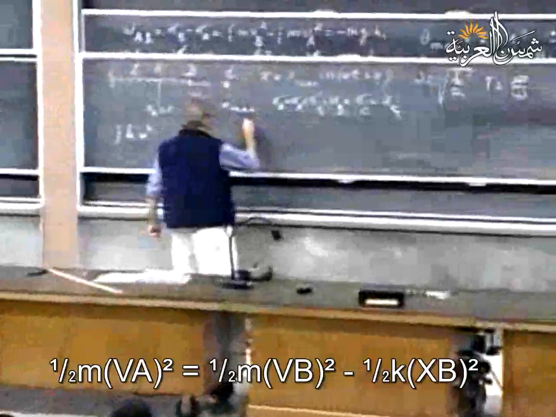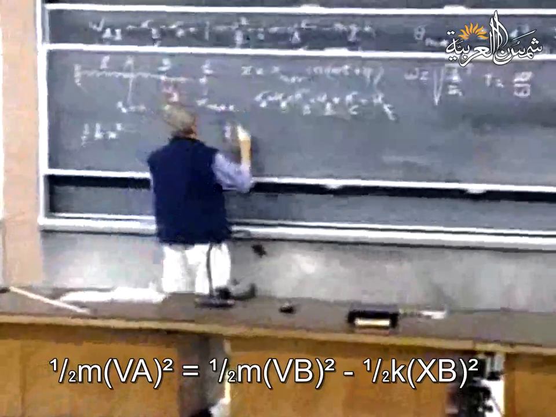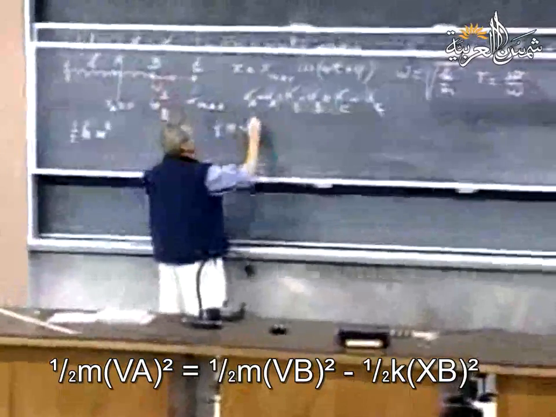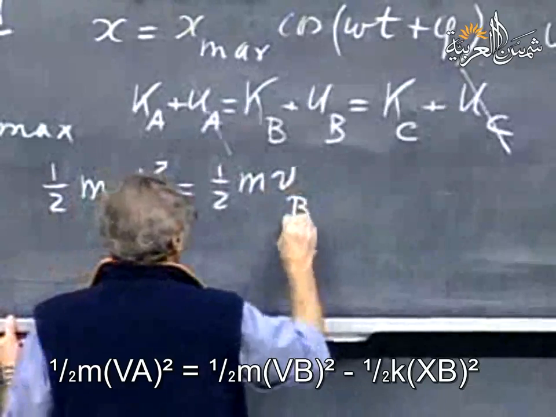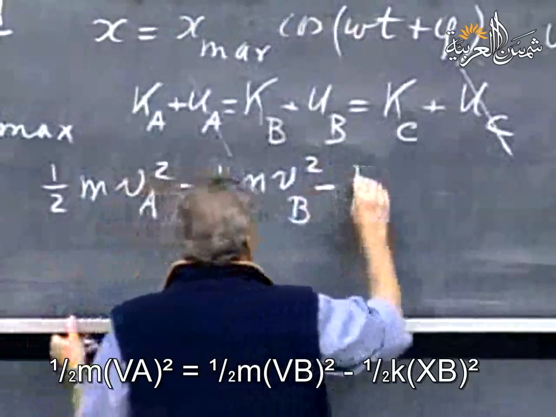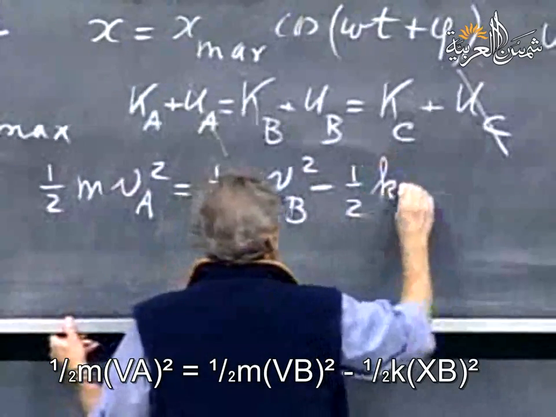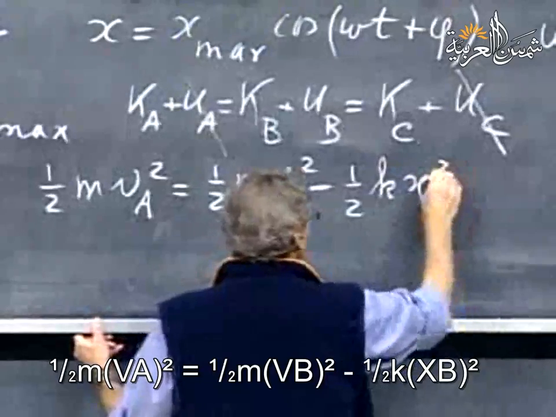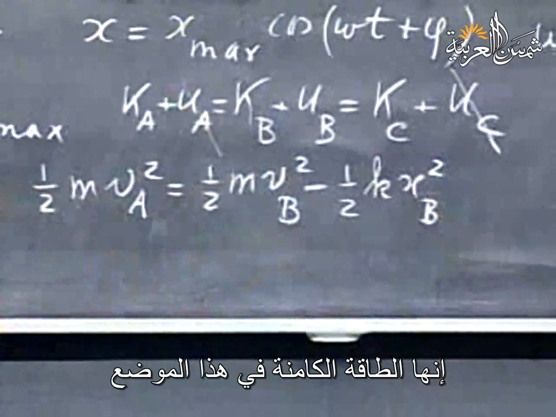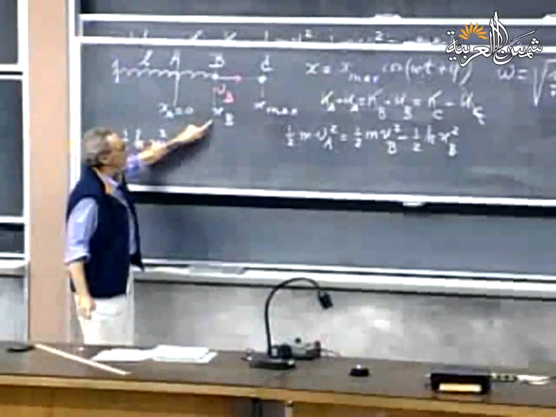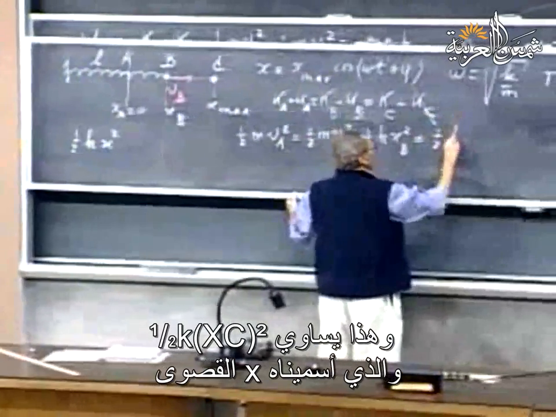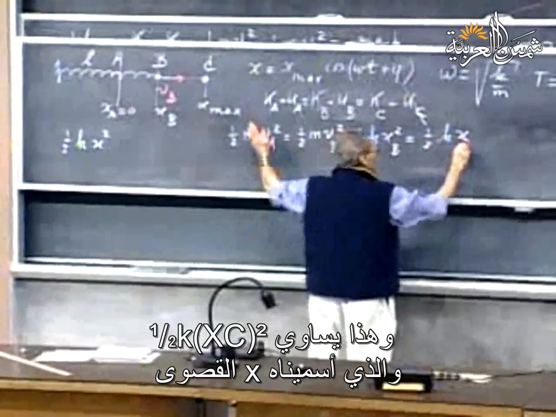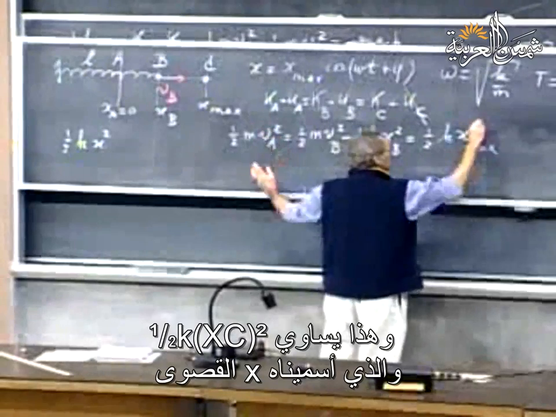So we get that 1/2 m VA squared equals 1/2 m VB squared minus 1/2 k x of B squared. That is the potential energy at this location. And that equals 1/2 k x of C, which we have called x max squared.